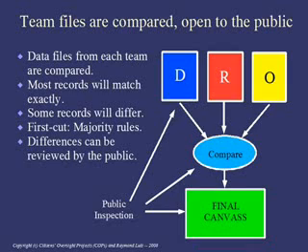Now, once the teams complete their data files, capturing the vote off of every single ballot, the data files from each team are compared. So you take the files from the Democrats, Republicans, and any oversight groups or other parties, and you compare these. This is a very simple process for a computer to do. We expect that some records will differ, and this is actually because we have different parties and different teams preferably using a different approach.